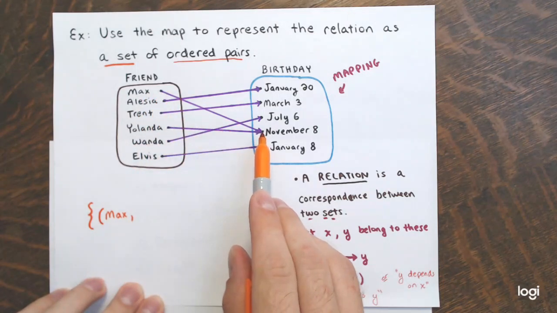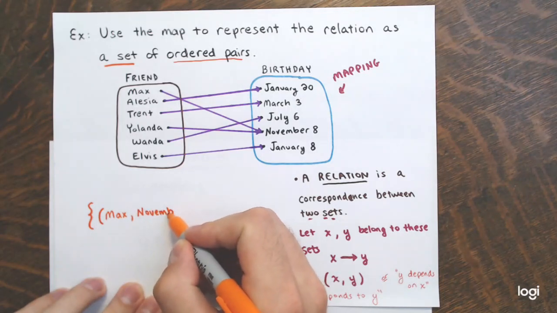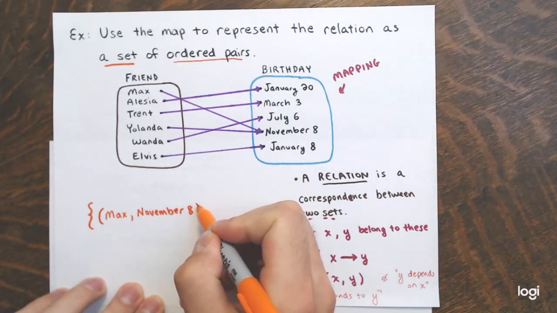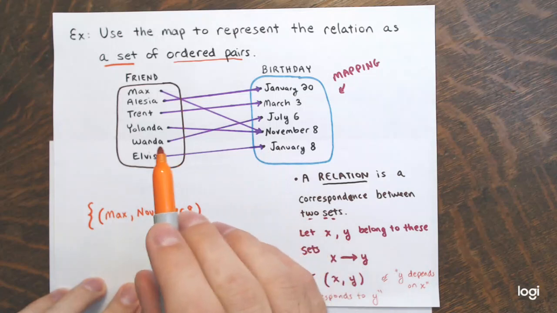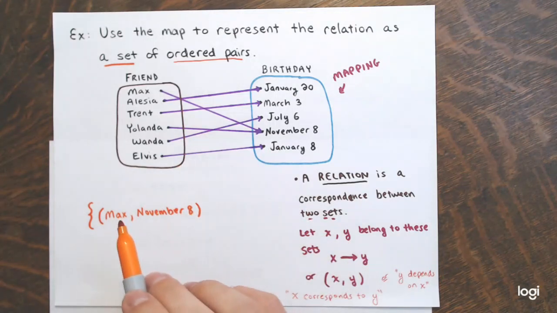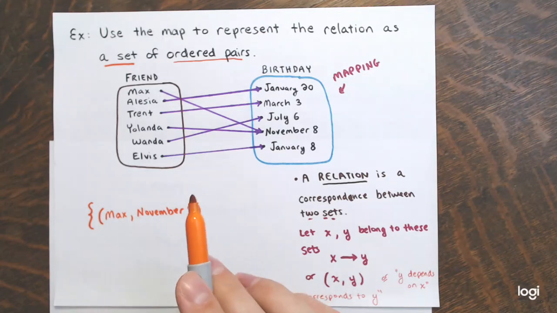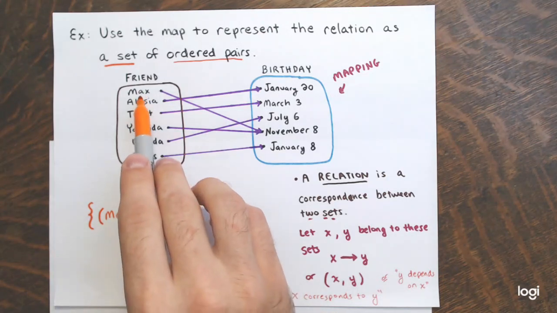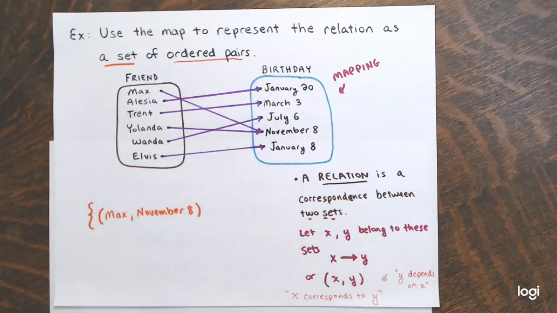It's the date November 8th. So I've got this ordered pair, Max, comma, November 8th. Great, that is an arrow, there is a correspondence between these two elements. And as I said, you wouldn't have Max, January 20th, because that is not Max's birthday.